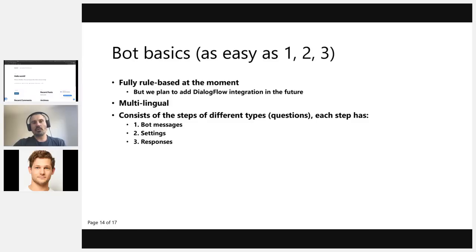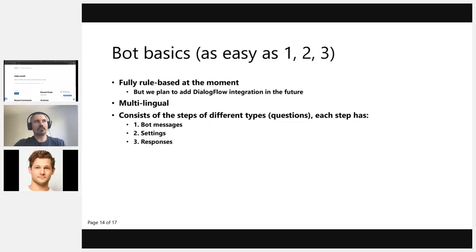Like I said before, it's fully rule-based at the moment, so we don't pretend that we are doing some AI at the moment, but we do plan to add Dialogflow or similar in the future, just not at the moment. It also supports multilingual bots. We support a lot of languages, and we add them quickly by request.